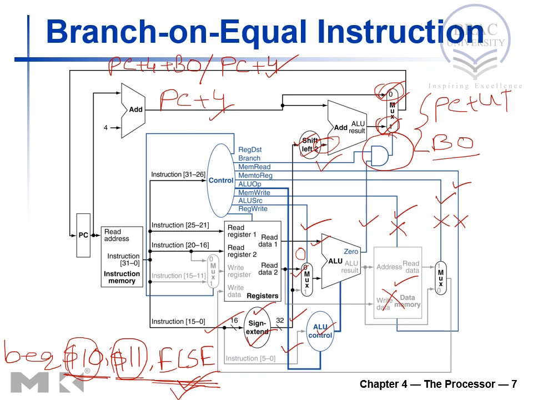Now this link would generate 1, and through branch control, you have 1. So this is 1, and port 1 gets selected. This is how branch on equal instruction gets executed.